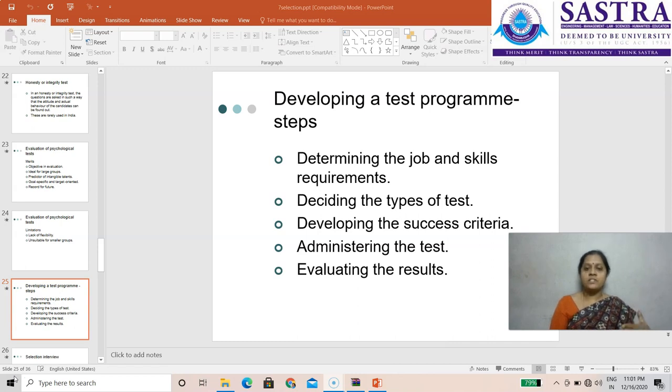In this stage we will be evaluating the results based on the success criteria and the score that he has got. If we follow all these stages, we will be able to develop a test program in a successful manner.